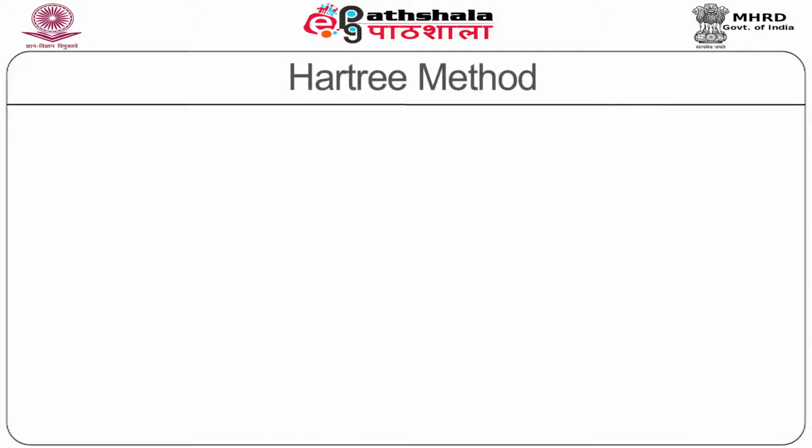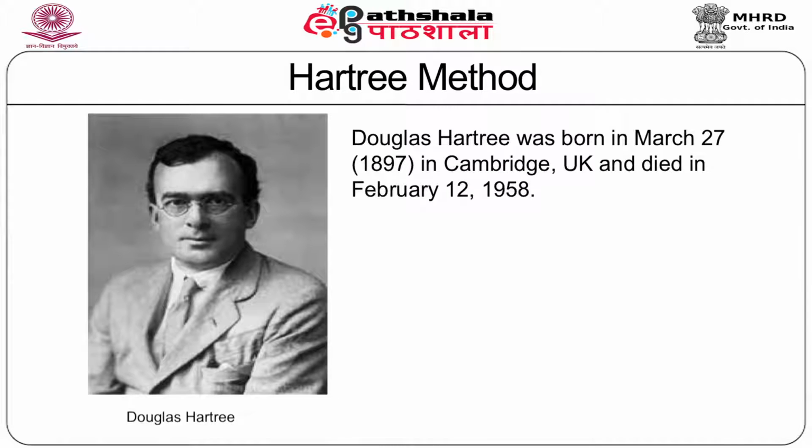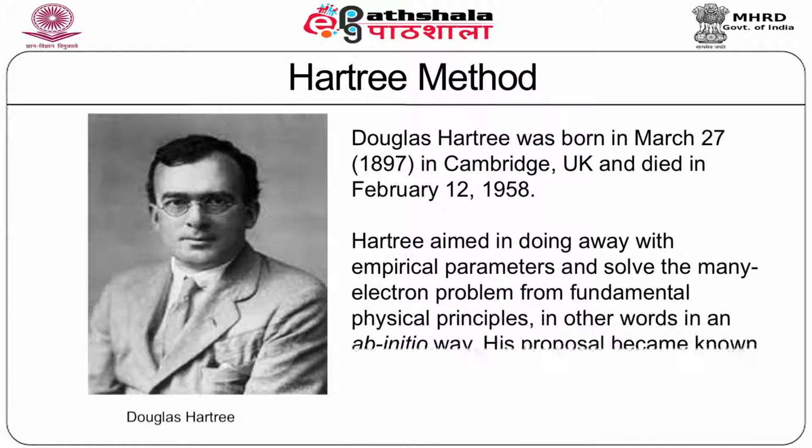With this background gained, we will now discuss the Hartree method. The method was pioneered by Douglas Hartree, who was born in the year 1897 in Cambridge and died in the year 1958.